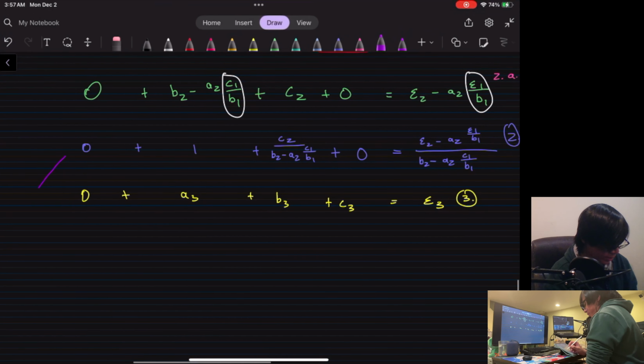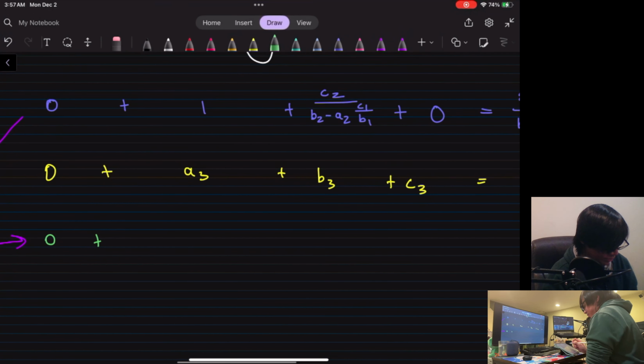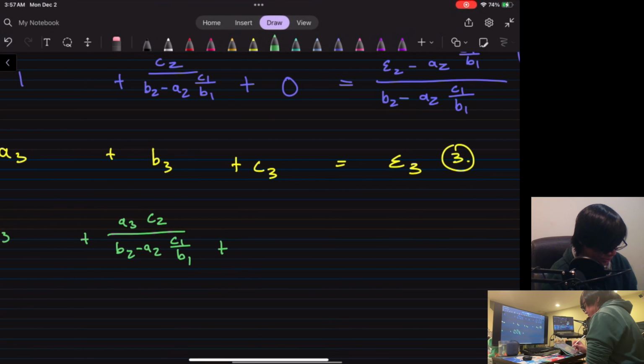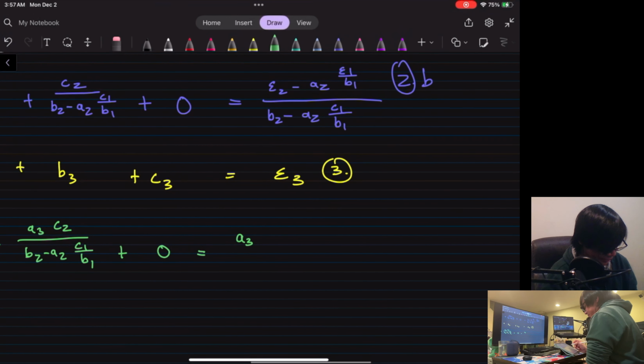So multiplying by the next term of a3, I'll scrunch up the columns here, but 0, we didn't subtract it, so this is still a3. Then we have a3 c2 over b2 minus a2 c1 b1, and this is still a 0, and then a3 in front with this modified epsilon value, epsilon b1 over b2 b1 b1.